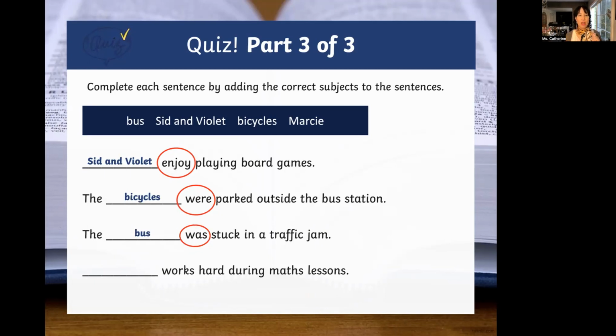All right, last one. Which is the verb in this sentence? Works. Is this singular or plural? Singular. Marcy. Marcy works hard during math lesson in America, and math lesson outside of America, the British way, because they say maths, as there's more than one type of math. How do we say parked again? Is it parked or is it parked? Good job, parked.